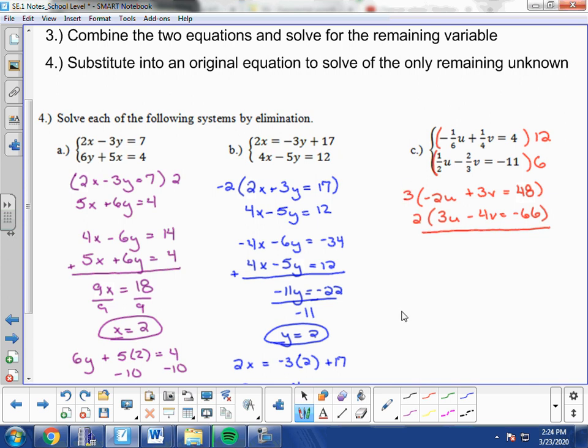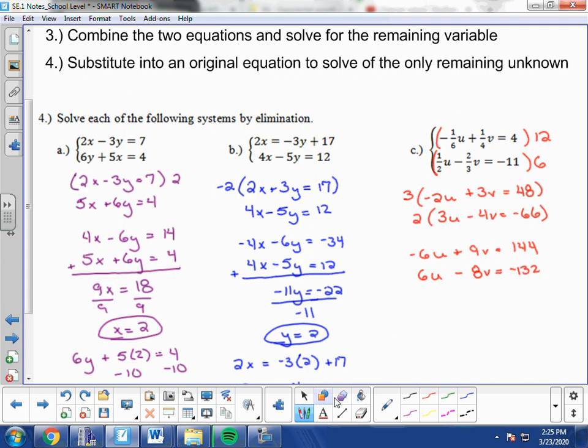If I multiply the first equation by 3, that's going to give me negative 6u plus 9v equal to 144. Again, you can multiply those numbers in your calculator. I'm going to multiply the bottom equation by 2, so that's going to give me 6u minus 8v equal to negative 132.